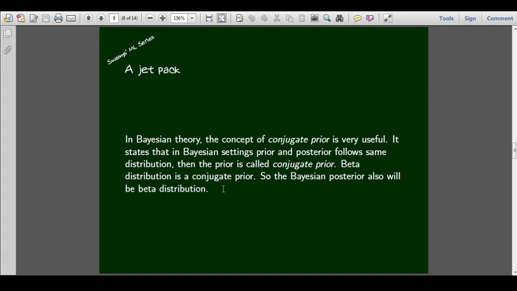So conjugate prior is a nice idea that helps us calculate the posterior distribution without much difficulty. It is called a jetpack because all other activities are not necessary. We get the idea about the posterior, we just jump into the posterior, not wasting much time in the workaround. That is the use of the idea of conjugate prior.